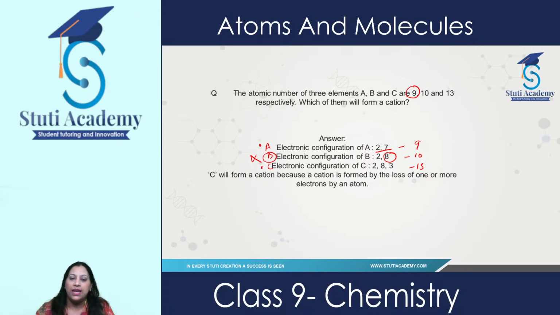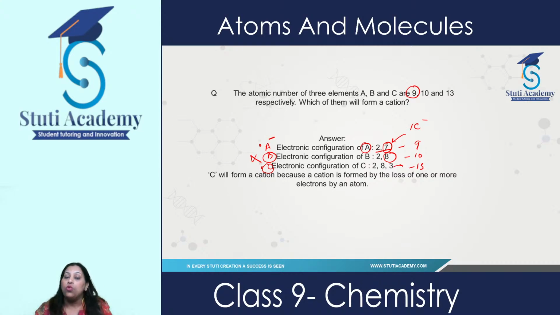Now look at the electronic configuration of this A. In its outermost shell, 7 electrons are there. So it will take 1 electron. And if it is gaining 1 electron, it attains negative charge. Look at the example of C. It has 2, 8, 3.